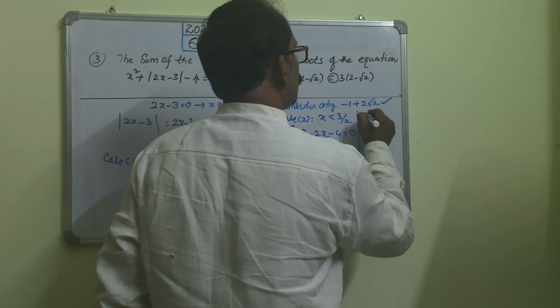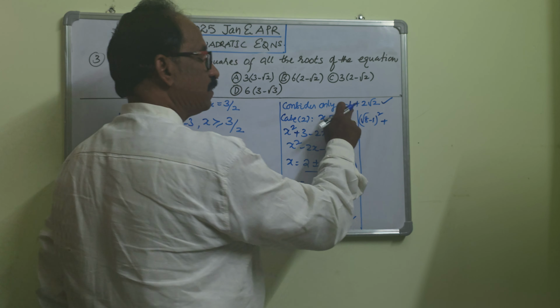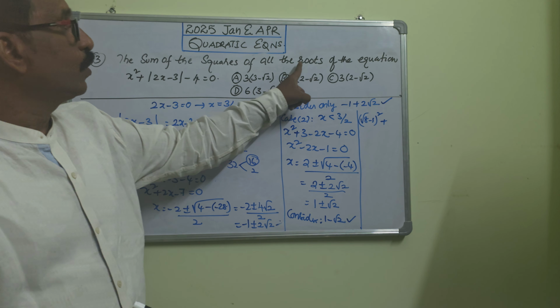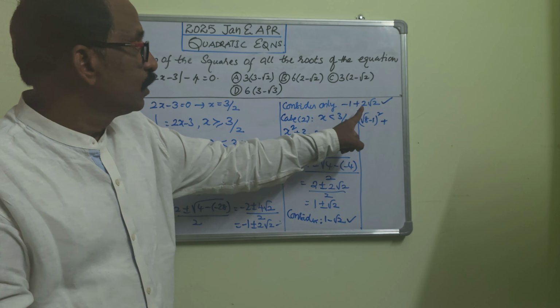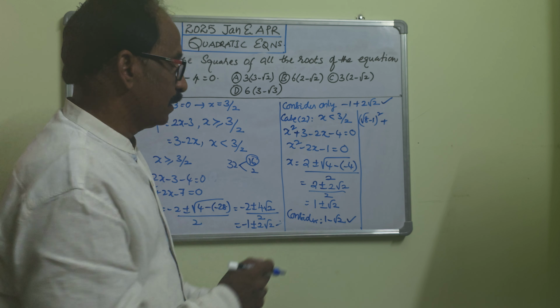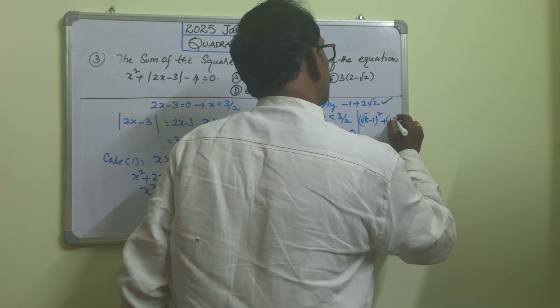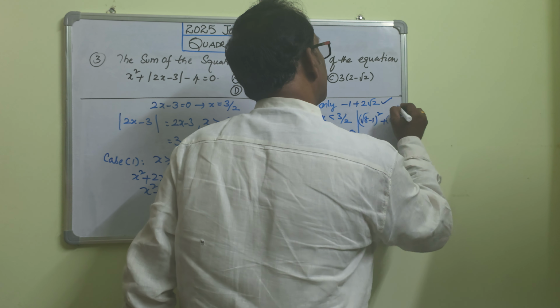Now 2 root 2 minus 1 whole square. This is the sum of the squares of all the roots. So 2 root 2 minus 1 whole square, and then 1 minus root 2 whole square, or root 2 minus 1 whole square, both are same.